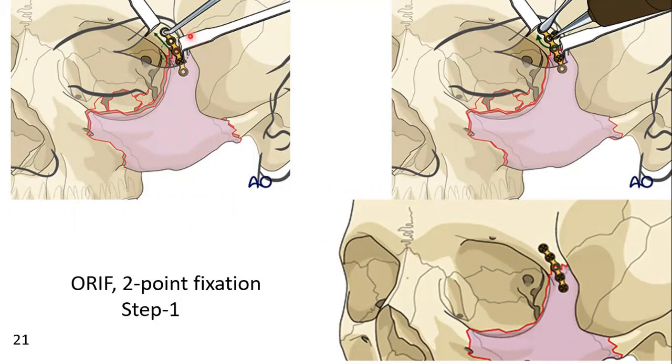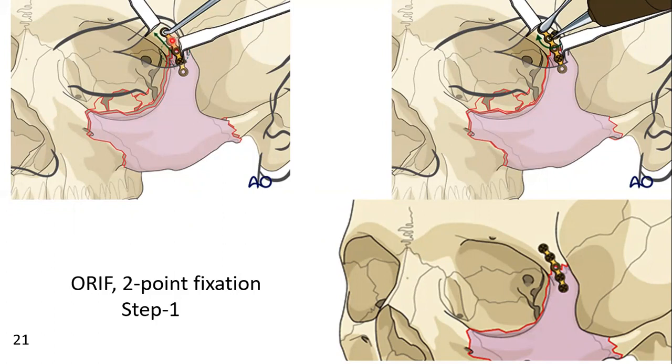This maneuver is used for the reduction of the fracture in a proper position. Only one screw should be placed on each side of the fracture in the holes nearest to the fracture, in these holes, because these are near to the fracture.